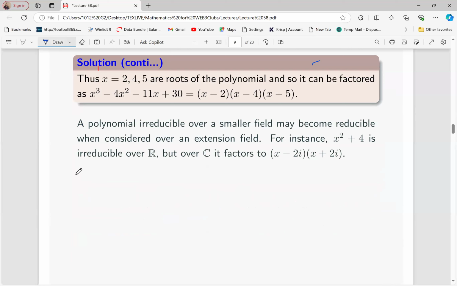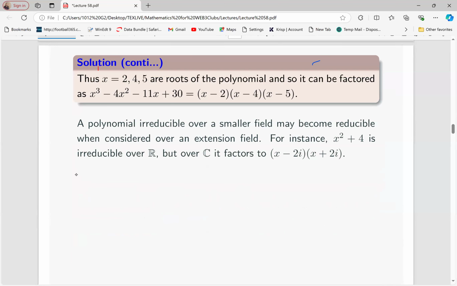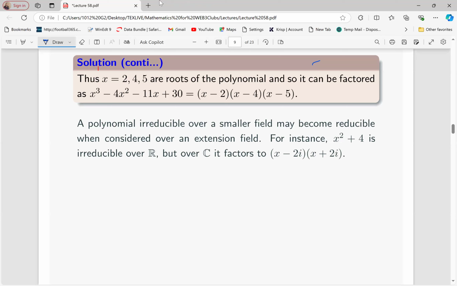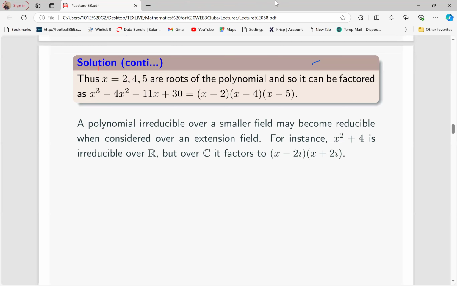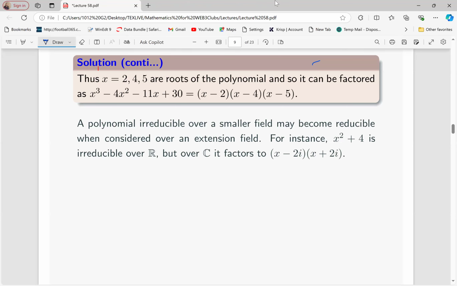Now, at this point, I'm just emphasizing that a polynomial may be irreducible in one field, but reducible in another field. So when it's irreducible in one field, we don't say that it cannot be reduced in another field.